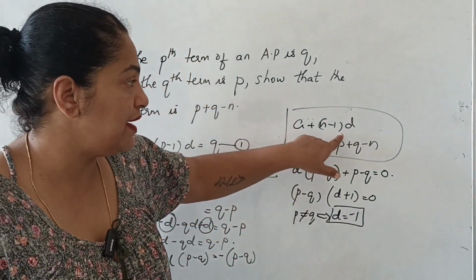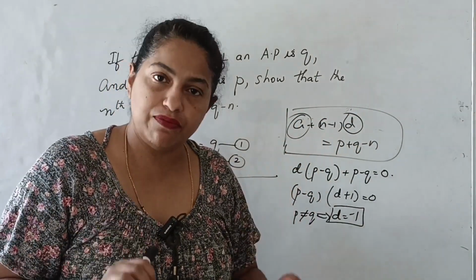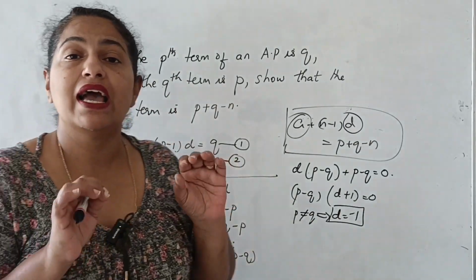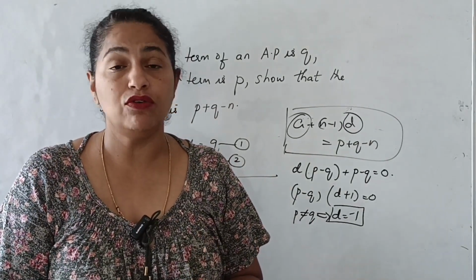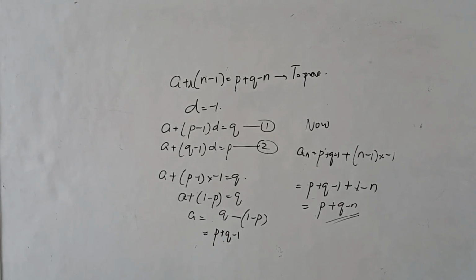But in order to find the nth term, I not only need D, I also need A. Now let us substitute the value of D equal to minus 1 in one of these equations and see what I am getting as the value of A. Here the value of D equal to minus 1 is substituted in the first equation, which is A plus P minus 1 into D is equal to Q. So when I am substituting D is equal to minus 1, you get the value of A as P plus Q minus 1.